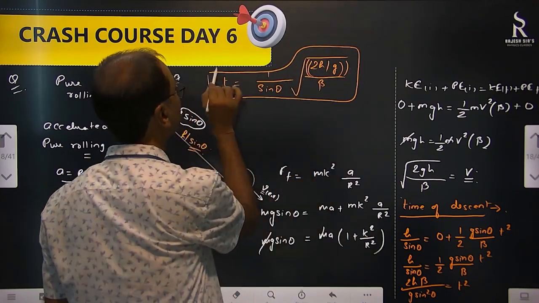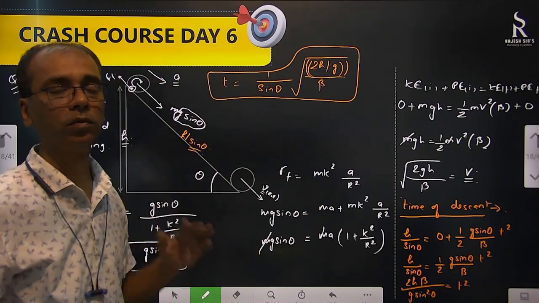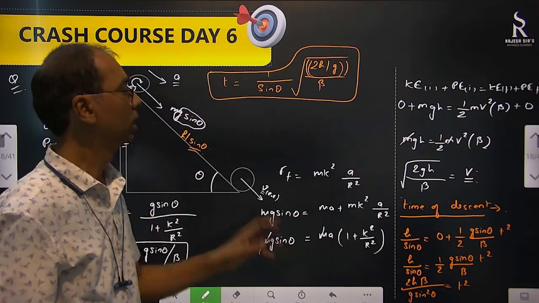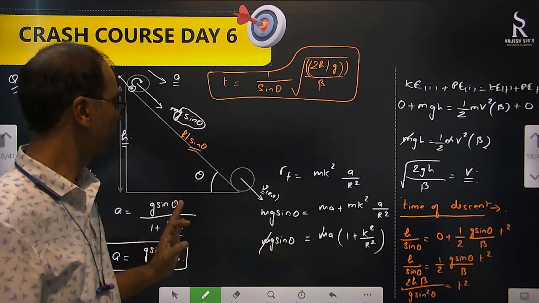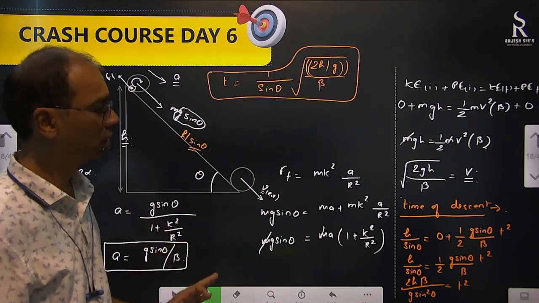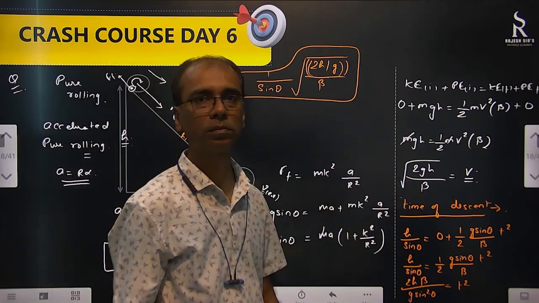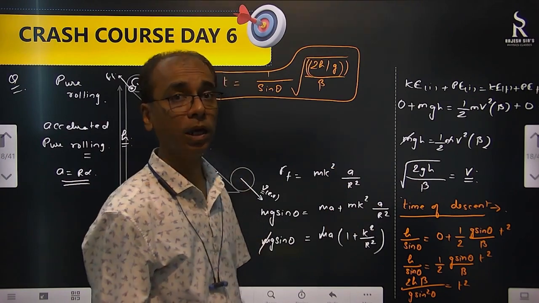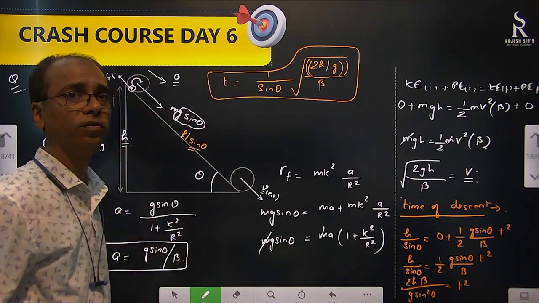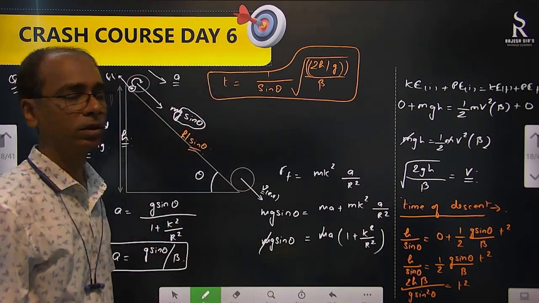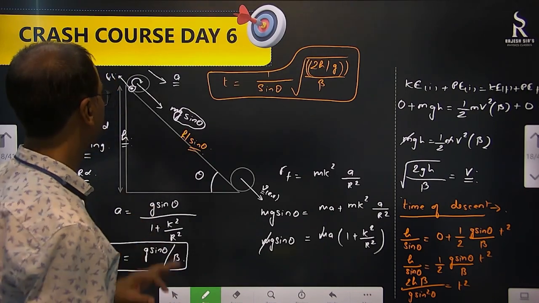So if we remember this way, we can minimize calculation. In rolling, this much is the time, this much is the acceleration, this much is the velocity. This will help us in reducing the time for calculation. Time of descent we saw, velocity also, acceleration also.